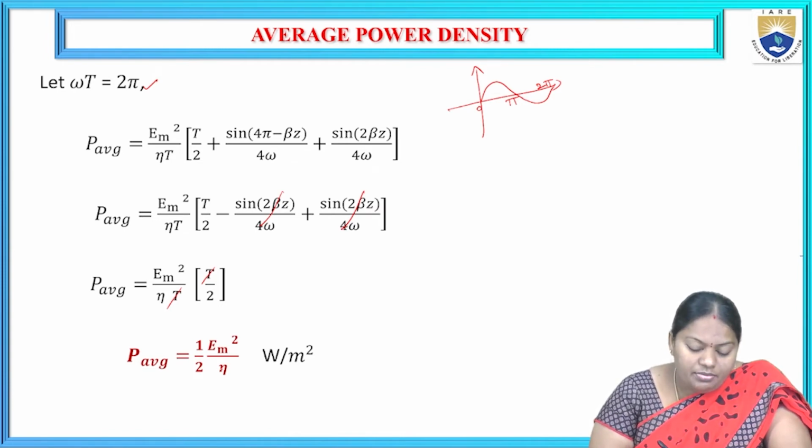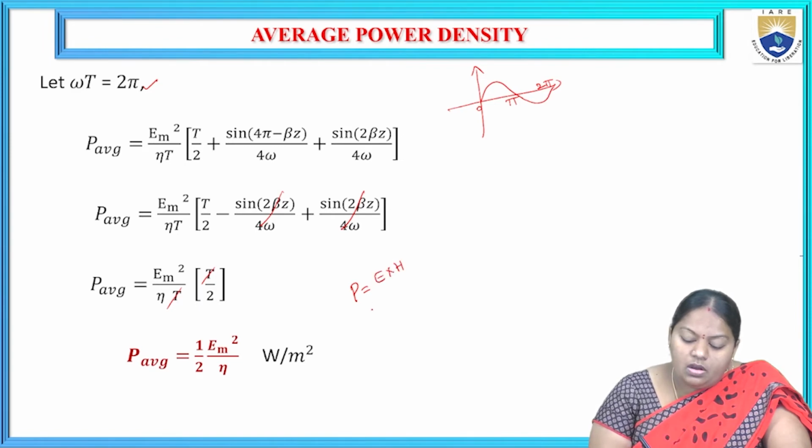Right? So half into Em square by eta, or this can be given in terms of general equations as P bar equal to E into H bar. If you substitute eta equal to E by H, then for E we can write E equal to eta into H, or for H we can write H equal to E by eta.